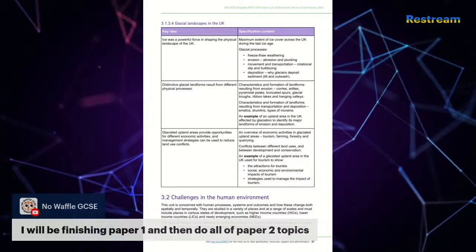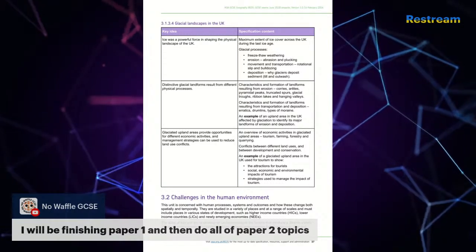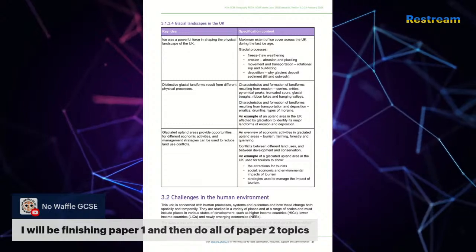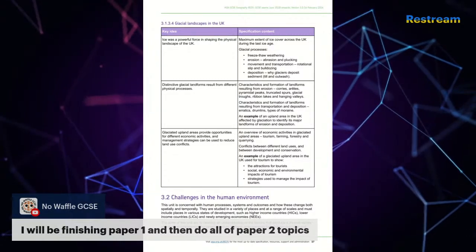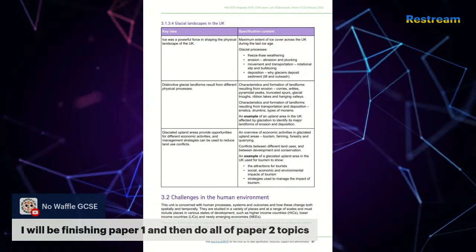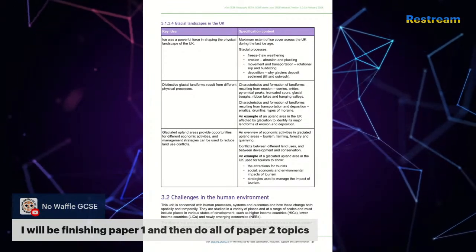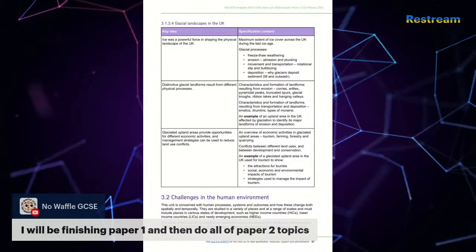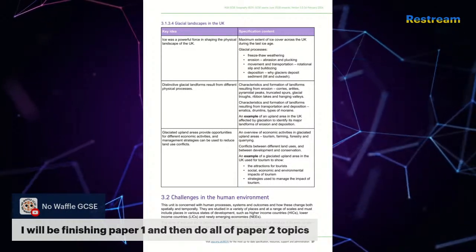And then there's the example, which we will look at the end of today's session. So let me get a diagram up because that will probably be the best way to demonstrate the types of glacial landforms. So bear with me for 1 minute.